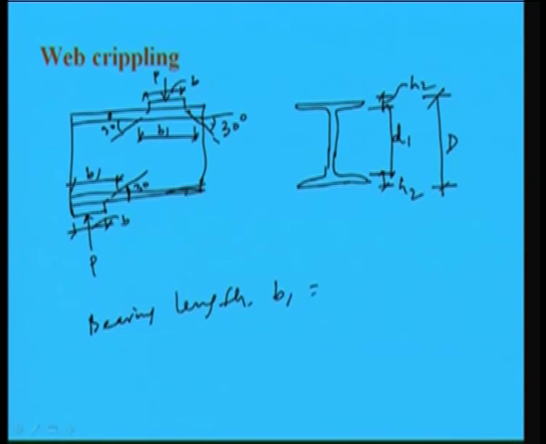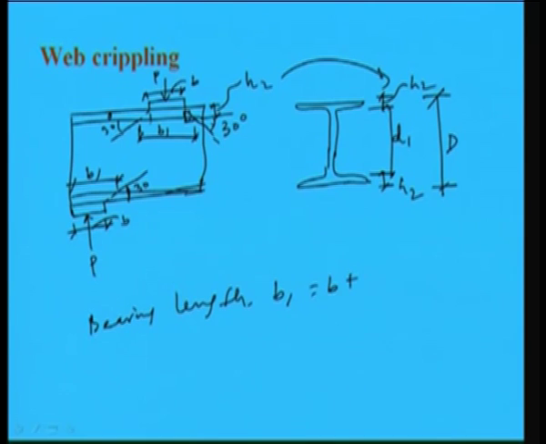B1, this can be found for this case, say this will be B plus this much. This much means, if this is H2 as told here, then this is H2. So, this is 30 degree. So, this will become H2 into root 3.